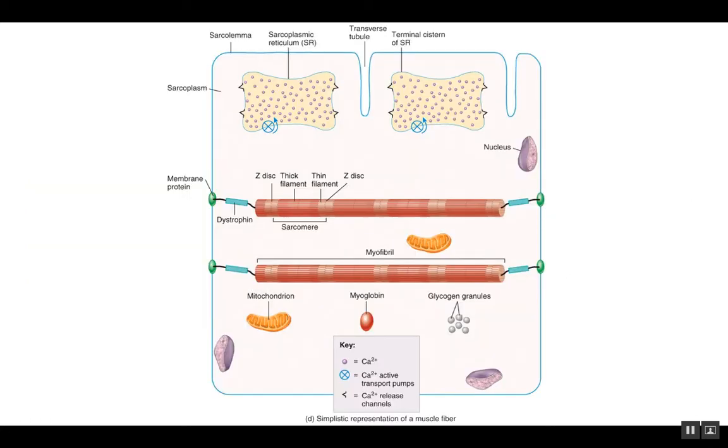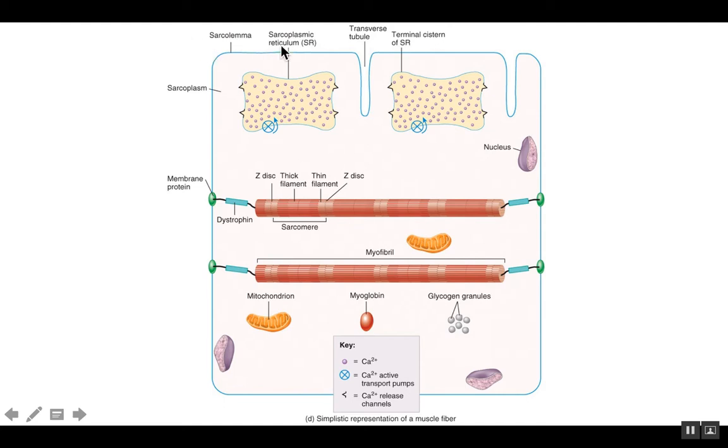This is a drawing, a schematic, putting everything together that we've talked about, a lot of different components inside this muscle cell. We can go through each one of them, and you can see again how they are involved. But the outer layer is the sarcolemma, that's the plasma membrane. At some point, this cell is going to be stimulated by a neuron.